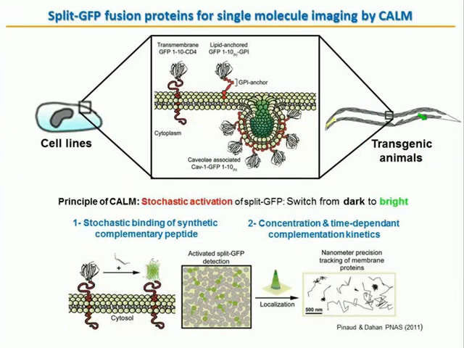The principle for single molecule is very similar to classical imaging techniques such as PALM, where this time, rather than using a laser, we rely on the stochastic binding of the synthetic peptides, as well as the concentration and time-dependent complementation kinetics to control the amounts of molecules that we're going to be activating at the cell surface or in cells. Then we can further localize these individual molecules and track them as they diffuse to extract their diffusive behavior, their position, and information about how they behave in cells and animals.